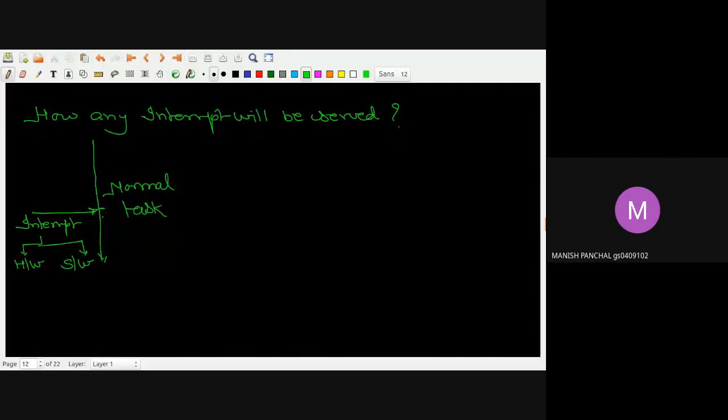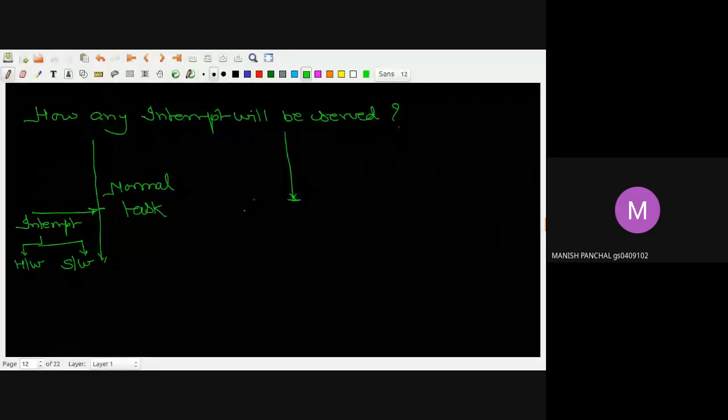So I will draw this diagram once again. Up to now some normal task is going here. The location of this one is not defined by the program counter. Here there is no role of program counter in the case of 8086 microprocessor. The program counter role is taken by the combination of CS and IP.